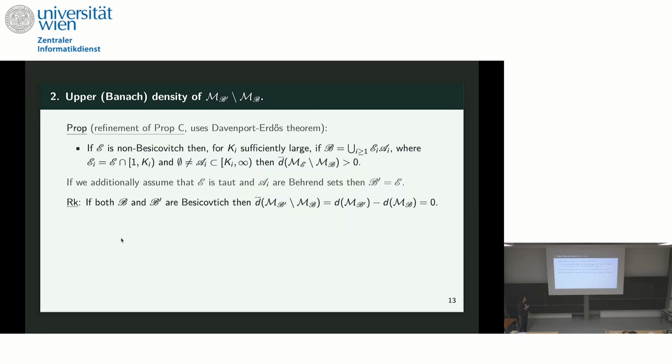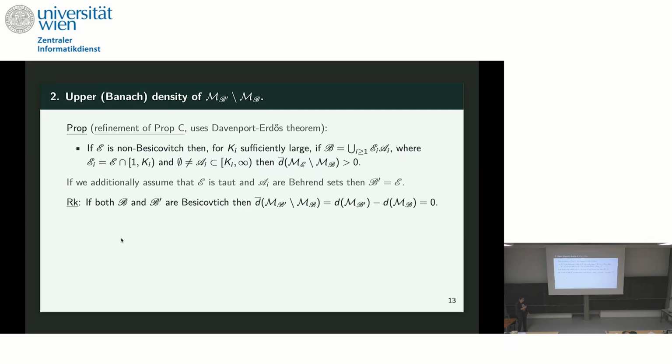Now, I need to make sure that this B prime will be equal to E. For this, we just assume additionally that E is taut and A_i are Behrend sets, and we get where we want.